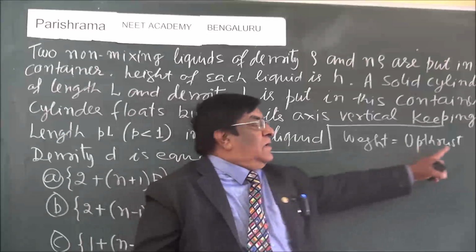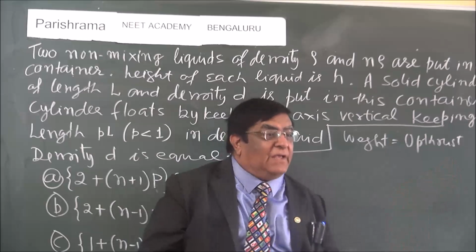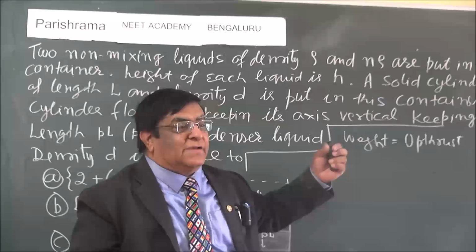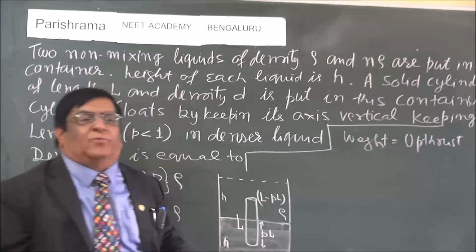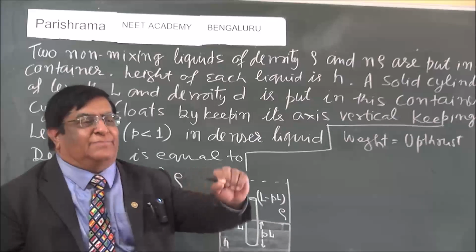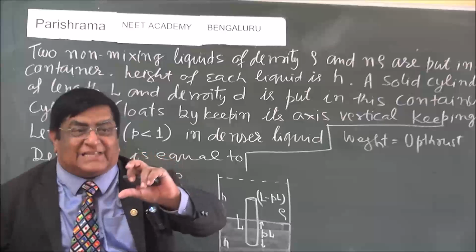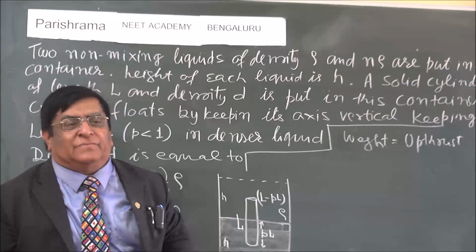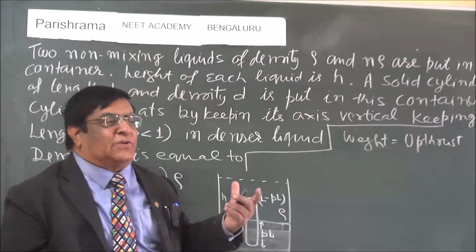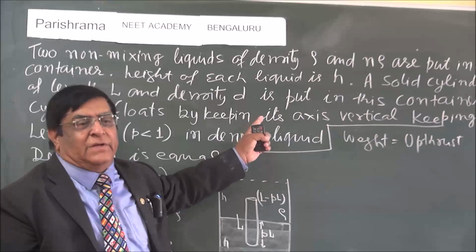Now, upthrust is given by what? Upthrust is by the fluid. Weight is by the body, the solid. Now, what is the formula for weight? M into G, mg. M is not given, but length etc. is given. Can you convert M further in terms of density? Why are we converting? Because what we are supposed to find out is the density of the cylinder material.